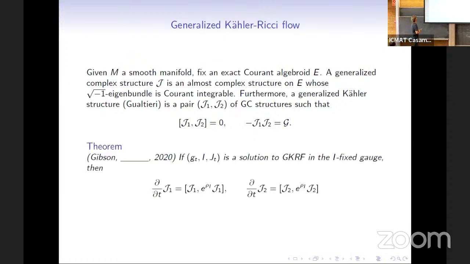Okay. So with a student, Matt Gibson, a couple of years ago, we wrote down what this PDE looks like in terms of J1 and J2. If I take a solution to this GKRF in this I-fixed gauge, so I move it in a specific way to prefer I, then you can write down the PDEs for J1 and J2, and this is what they look like.